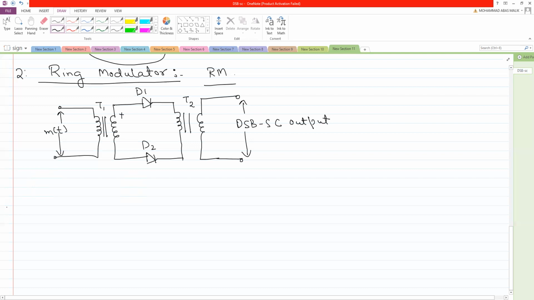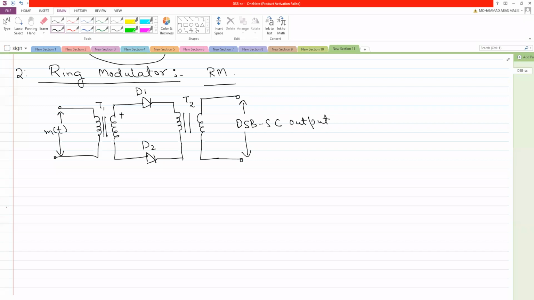Sorry, because this is the message signal, there will be some carrier. For the positive half cycle of C of t, both the diodes D1 and D2 will be on, and for the negative half cycle, the other two diodes will be on.